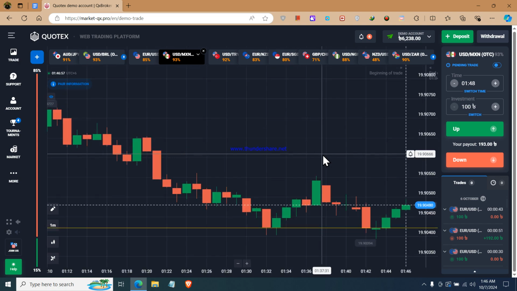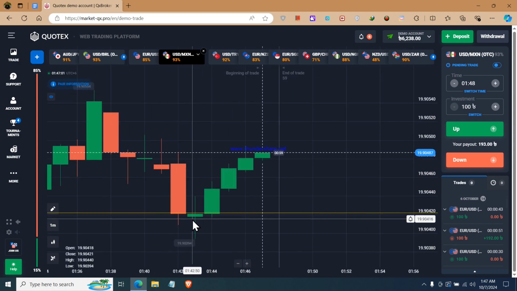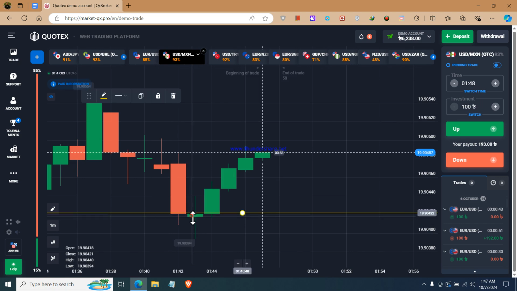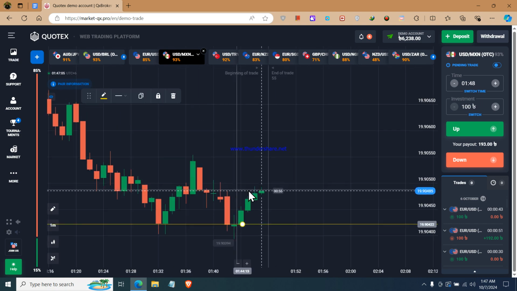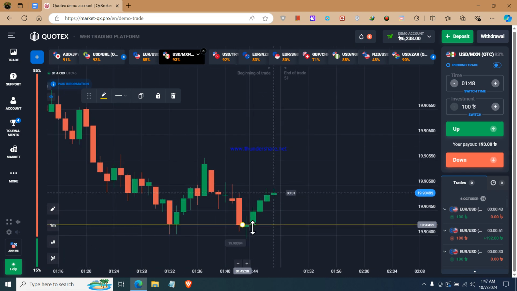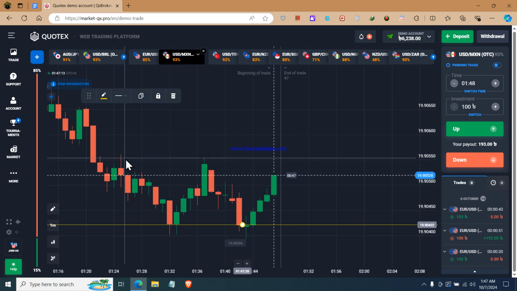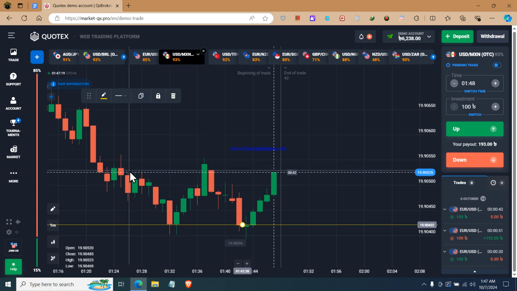Okay, so the sellers actually broke this point, but they made a gap down, and the buyers are coming here. Overall, it's a W pattern, and the next target will be to reach this point. Let's see what happens.